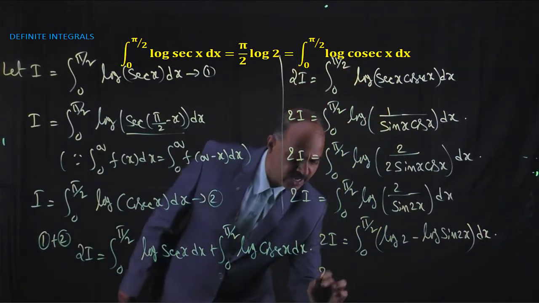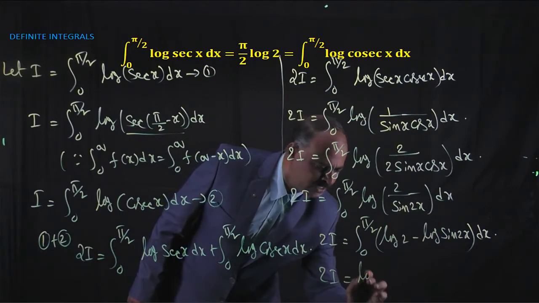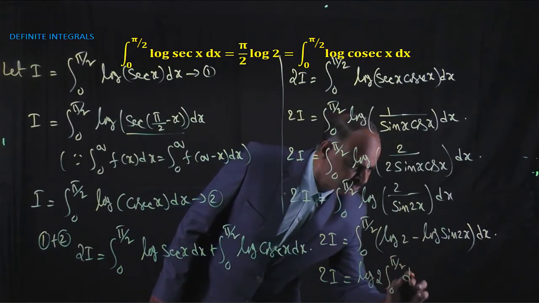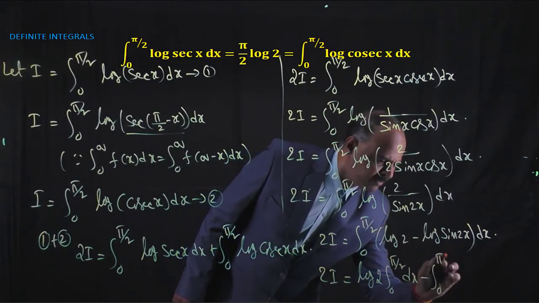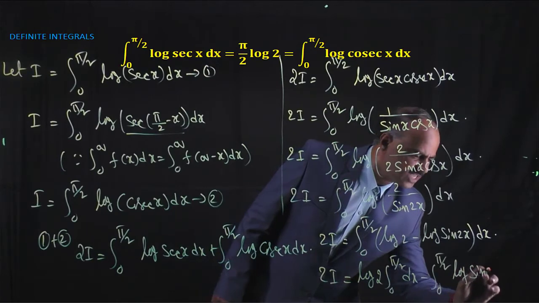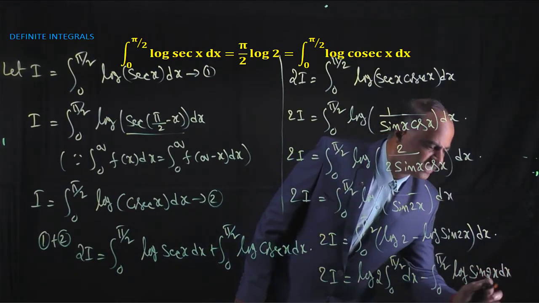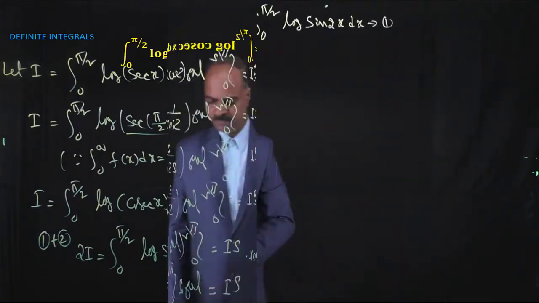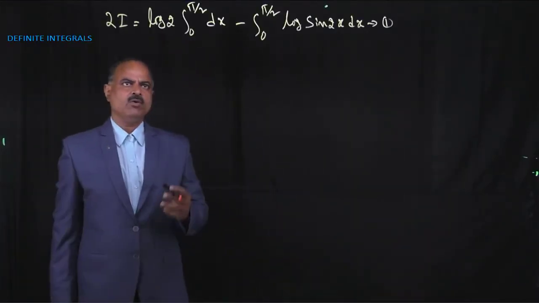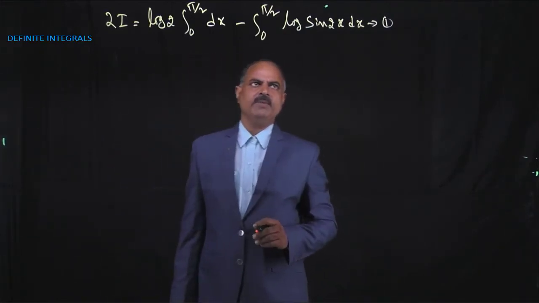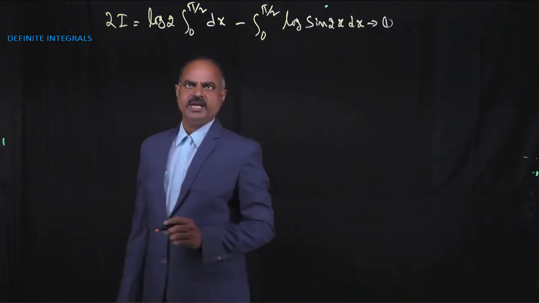Now 2I is equal to log 2 into integral 0 to pi by 2 dx minus integral 0 to pi by 2 of log of sin 2x dx. This is equation number 1. Next, 2I equals log 2 into integral 0 to pi by 2 dx minus integral 0 to pi by 2 of log of sin 2x dx.